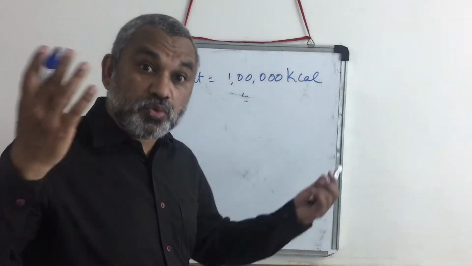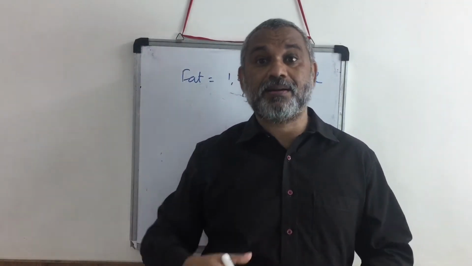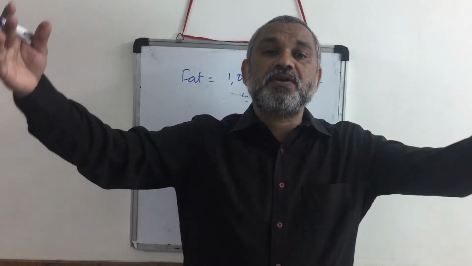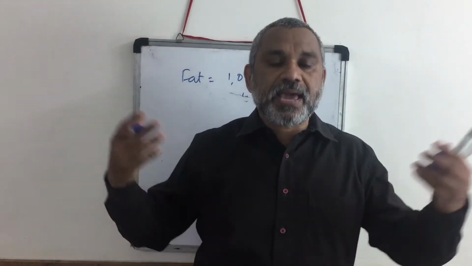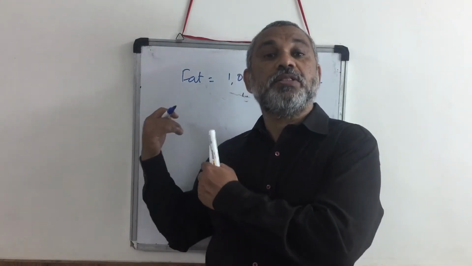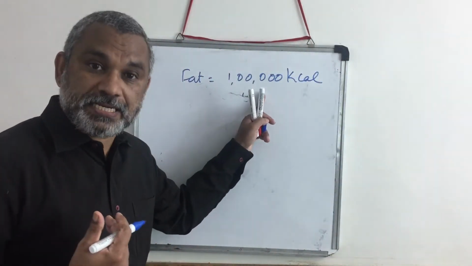That is a huge amount of energy. Look at organisms like bears and migratory birds. Birds can fly long hours and long distances. A bear can hibernate for about 6 months based on this stored fat.